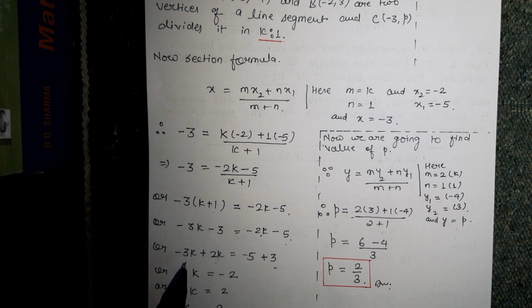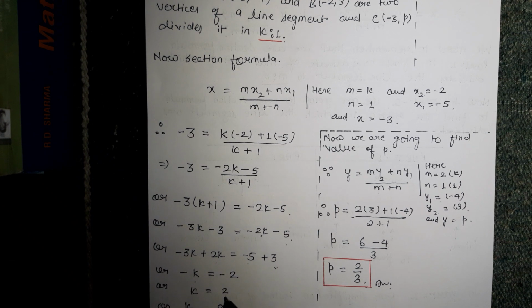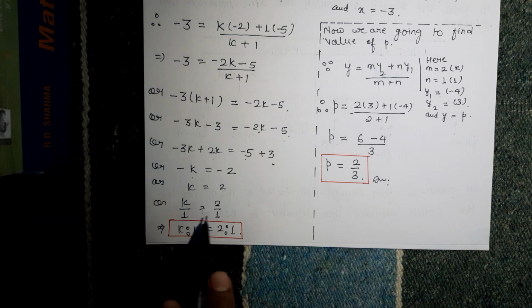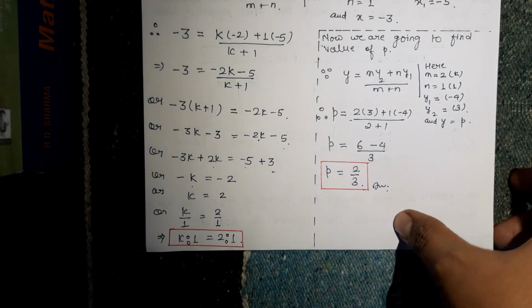So -3k + 2k is -k, and -5 + 3 is -2. Cancelling the negative sign, we will get k equal to 2. Fine. As we need to find the ratio k:1, k upon 1 equals 2 upon 1, hence k:1 is 2:1. So this is how we find the ratio k:1.